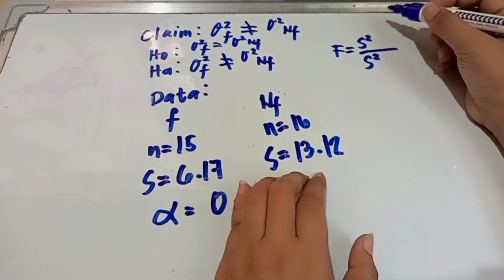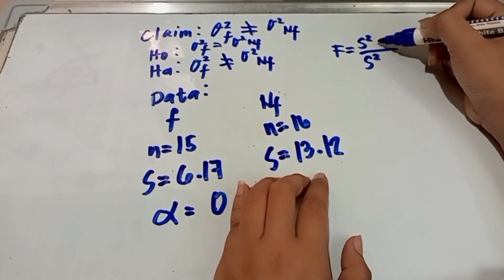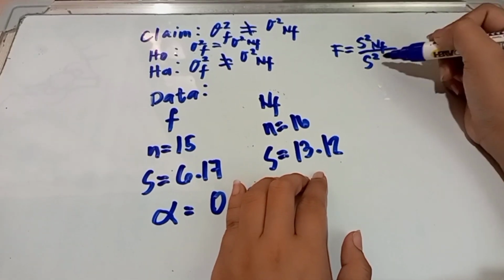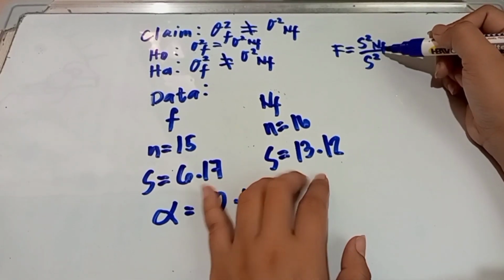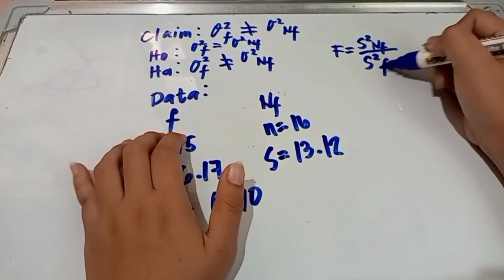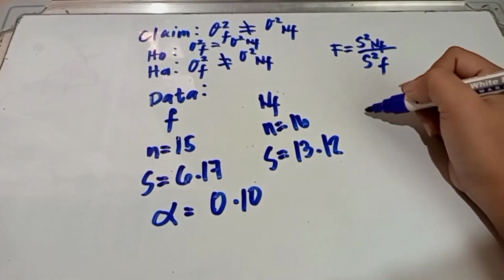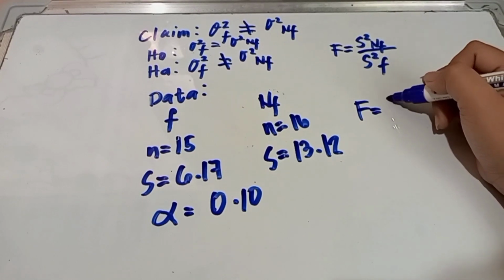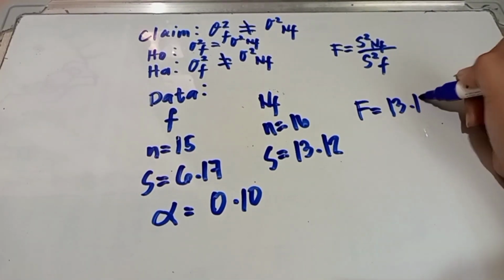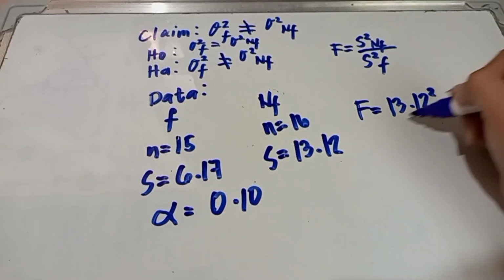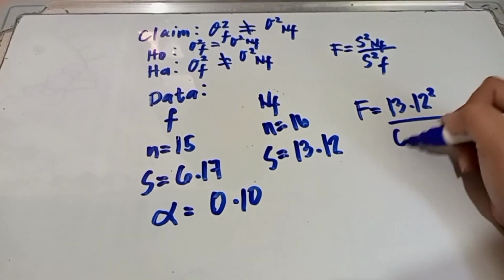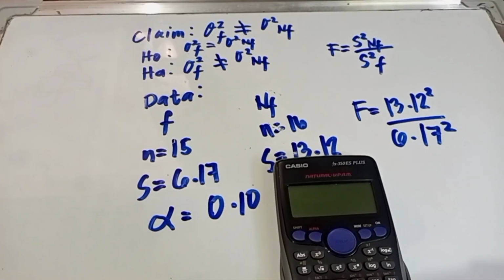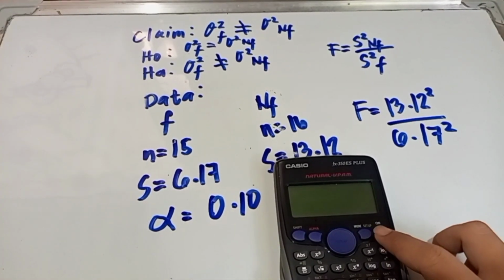So we need to write the standard deviation squared of non-fiction books over the standard deviation squared of fiction books. So 13.12 squared over 6.17 squared. We need to calculate this.